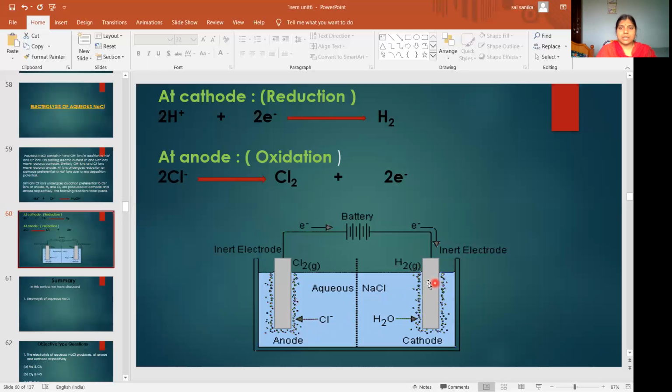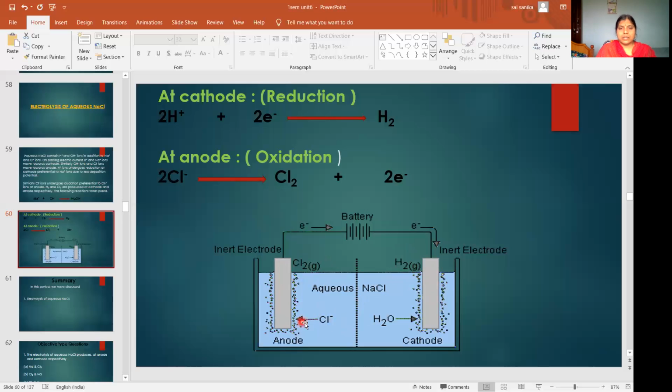Hydrogen H plus ions undergo reduction in preference to the Na plus ions, so hydrogen gas is liberated. Similarly, Cl minus undergoes oxidation and liberates chlorine gas at the anode. So at the anode chlorine gas is liberated, at the cathode hydrogen gas is liberated.